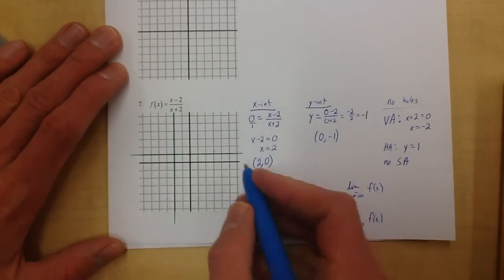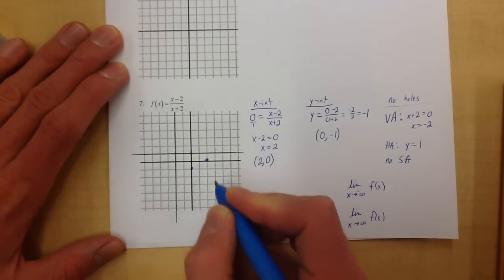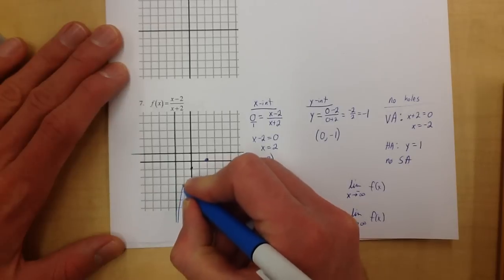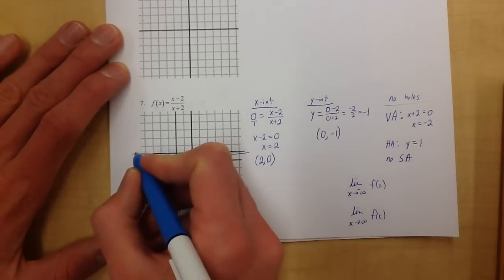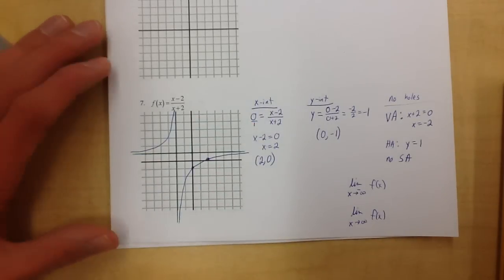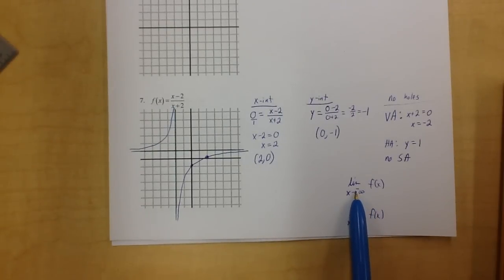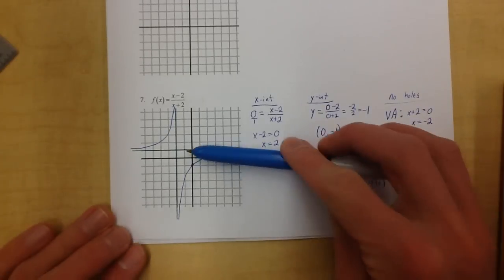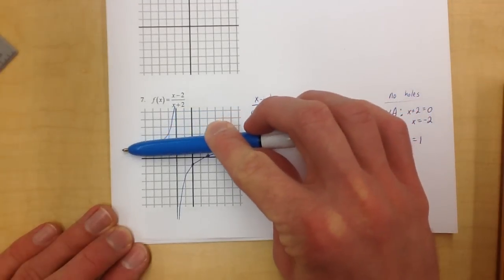Let's see, (2, 0), (0, -1), and it goes like this, levels off, approaches positive 1 here, there we go, looks like that. So as x gets really, really small in a negative way, as I'm approaching this, what is happening to the graph?